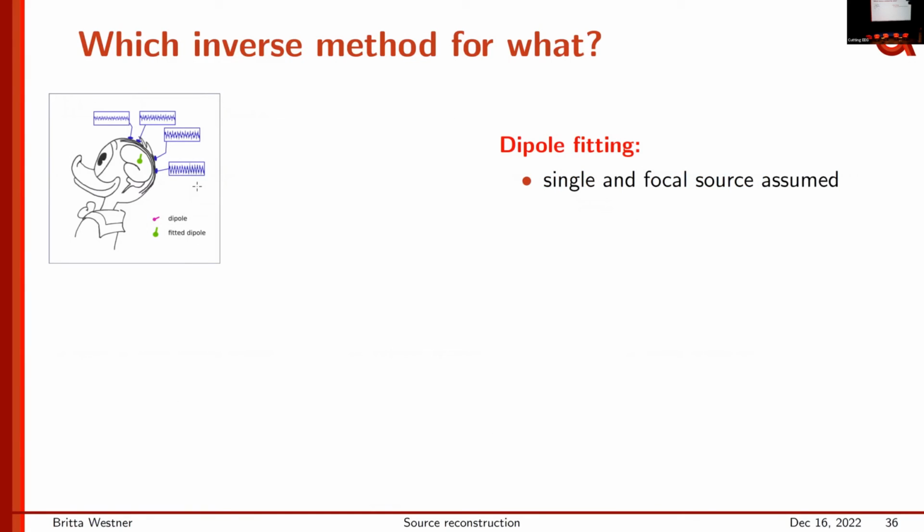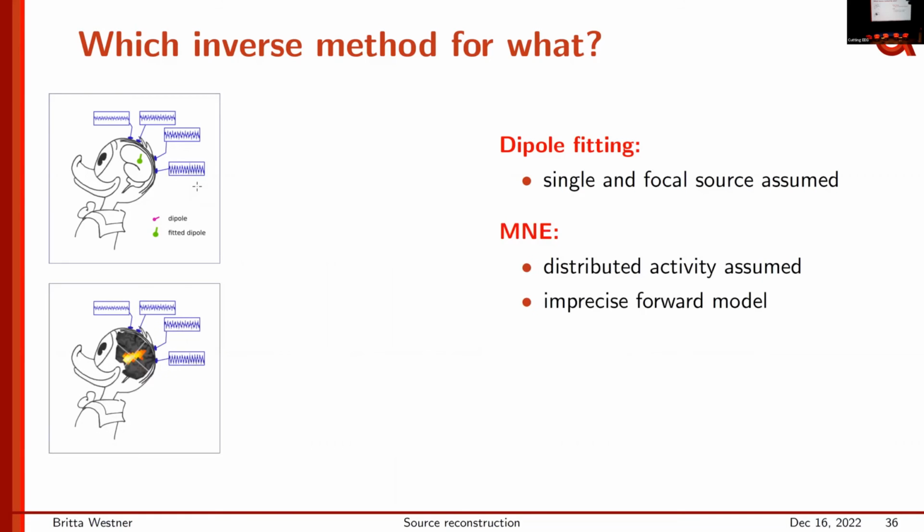When do you want to use which method? Dipole fitting is great if you assume that there is a single and very focal source. Minimum norm estimation is great if you think that you have distributed activity, or it's also very suited if your forward model is maybe not so precise, for example, because you don't have individual electrode positions or you don't have individual MRIs to build your forward model from.